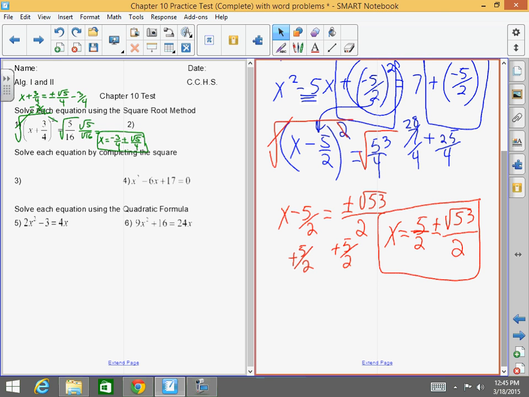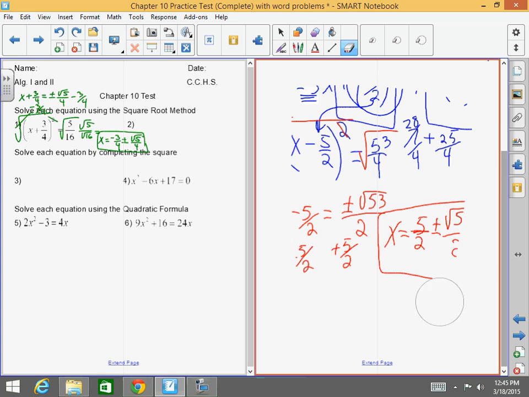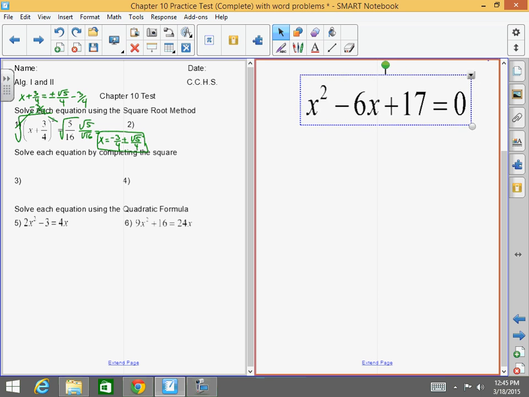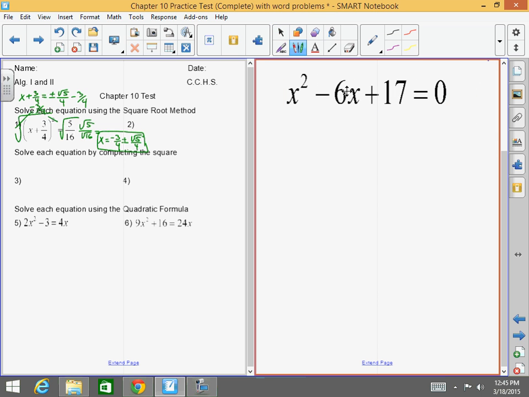Okay. Let's now do number 4. Number 4 is also another completing the square. I'm going to isolate the x squared and the x. So I've got x squared minus 6x plus b over 2 squared.